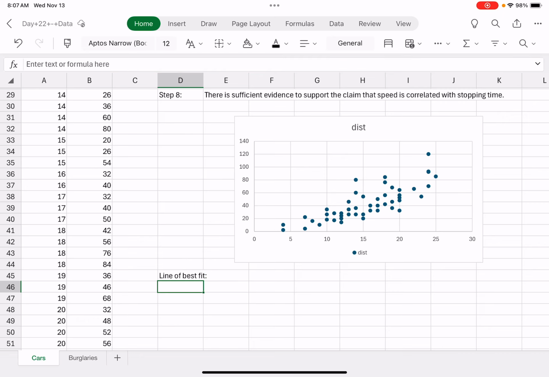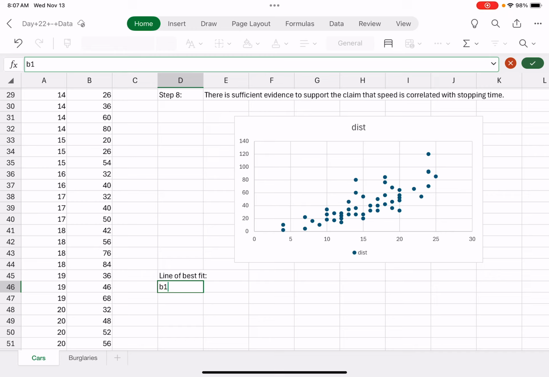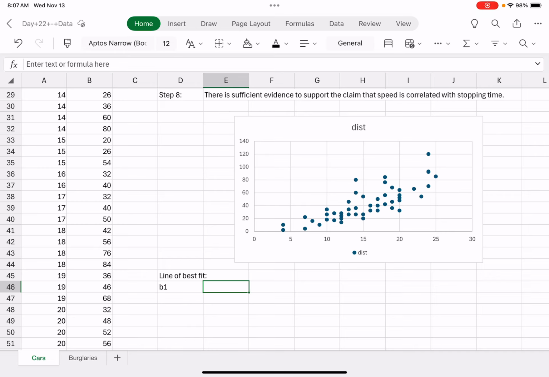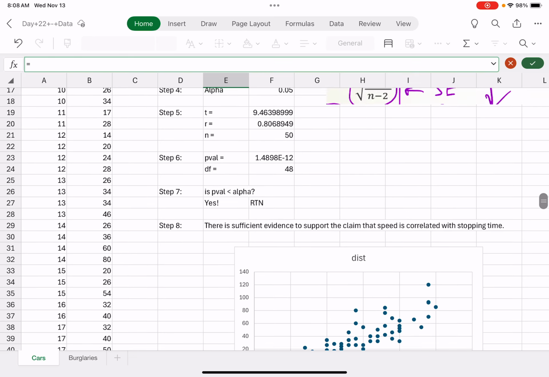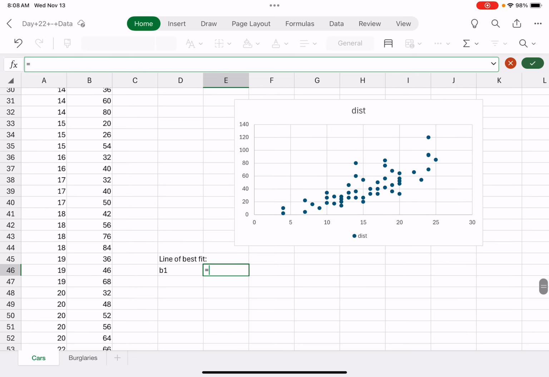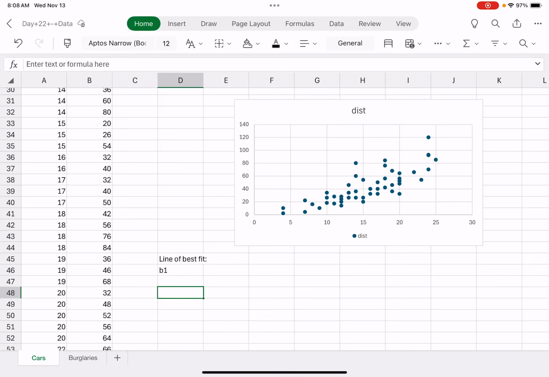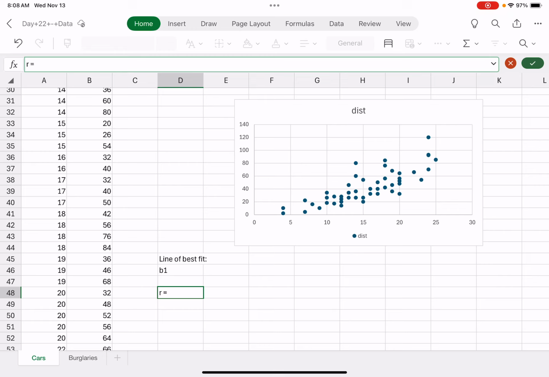We start with B1, and that is just going to equal, well, let's see, I need a few things here. I'm going to need R, I'm going to need SX, and I'm going to need SY.